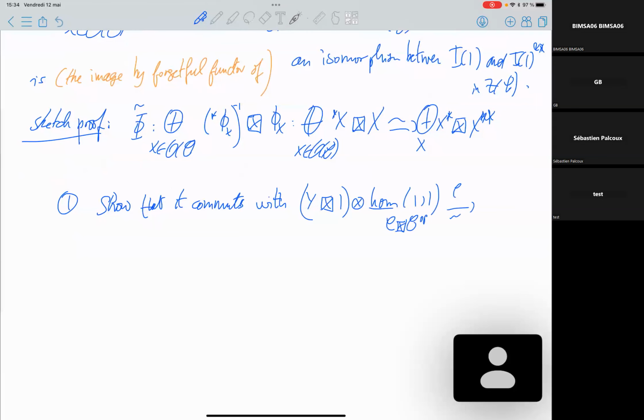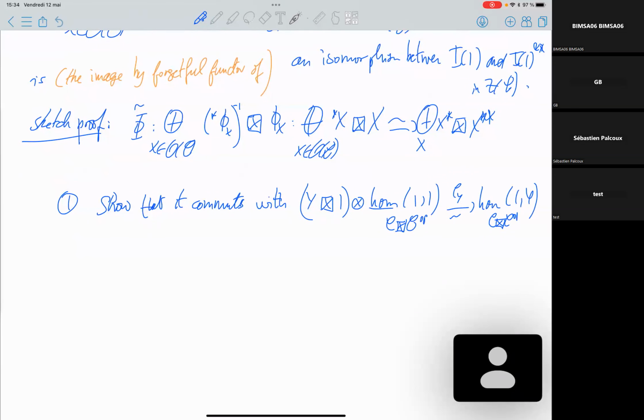We call this isomorphism rho_Y, internal Hom, no more internal Hom of C^op.